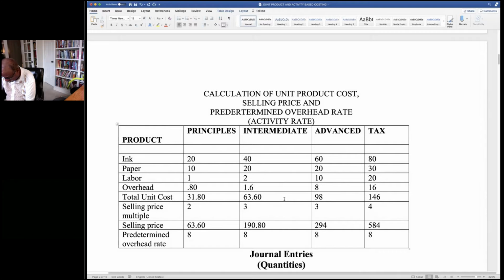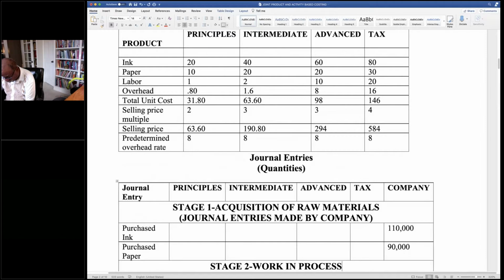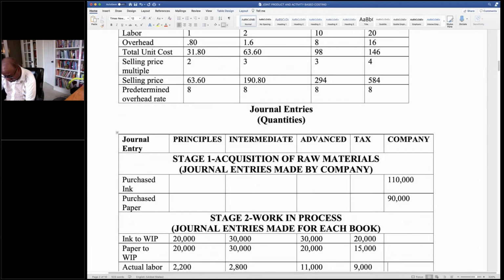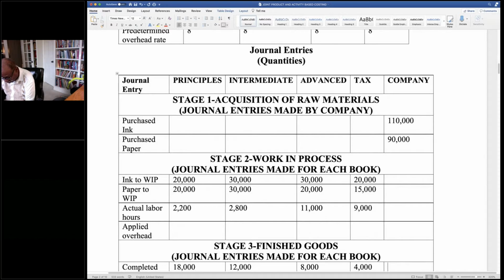All right, let me scroll down. Now for the journal entries. Okay.